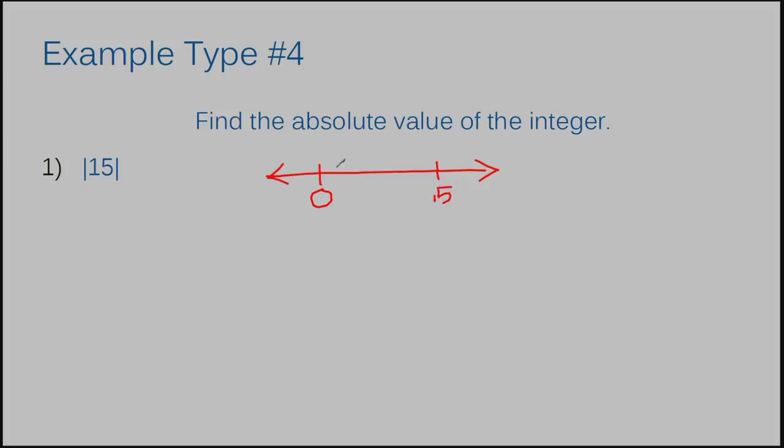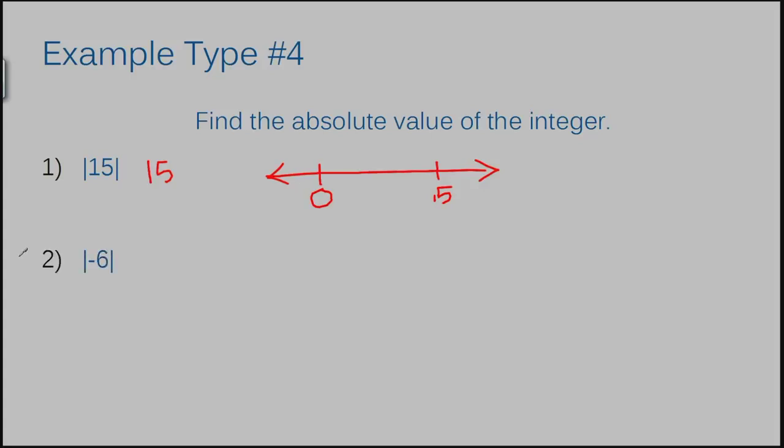Each notch counts as 1, one counting number, one integer in between. So the absolute value of 15 would be 15 because it's literally 15 spaces away.